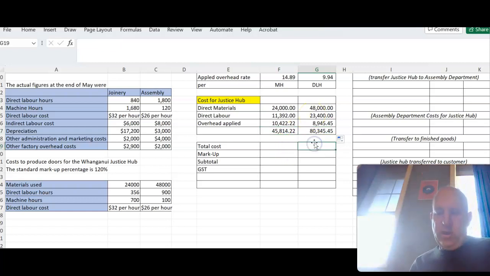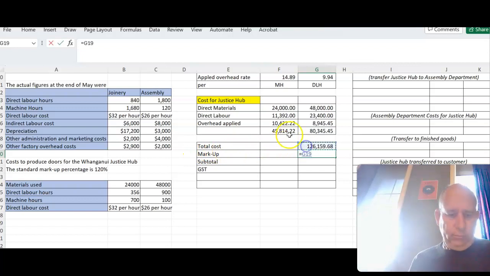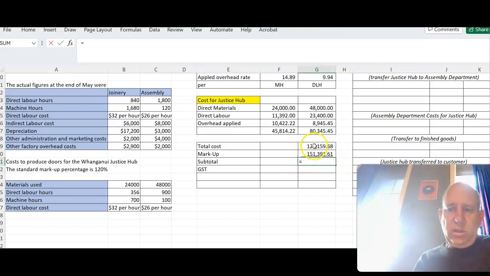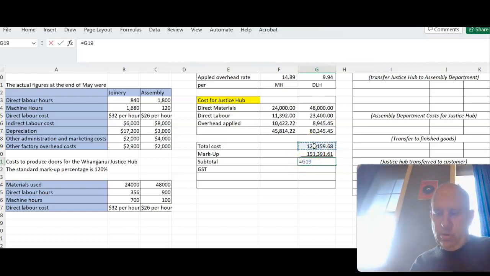The total cost, we're going to add those two together. The markup is 120%. Now that markup has to cover administration costs, selling, distribution costs, financial cost, and a profit for the owner. The total cost, we're going to add those two up to give us a subtotal.